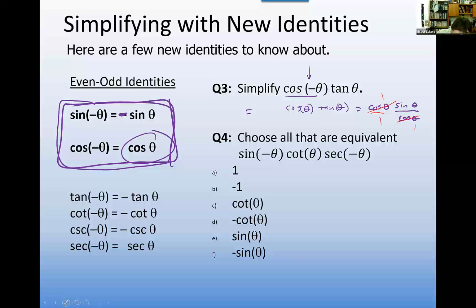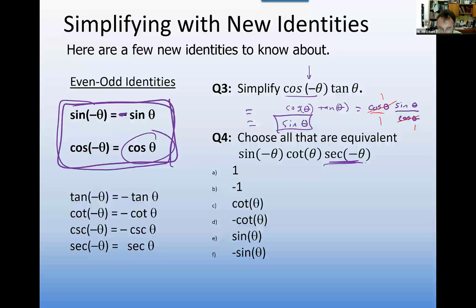So in the end, that hard statement simplifies to a very simple thing, sine alone. Now, the purple box, that's really the only one you have to memorize. Because you don't have to memorize secant, because you can change secant into 1 over cosine.